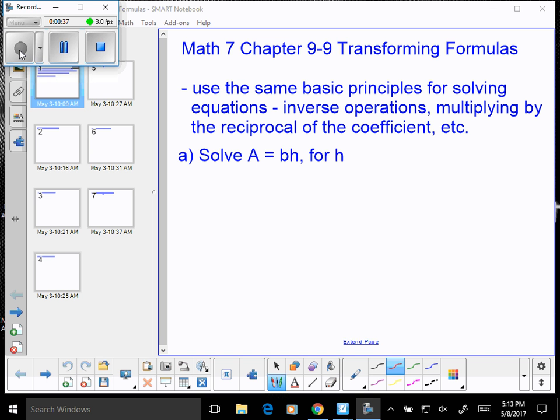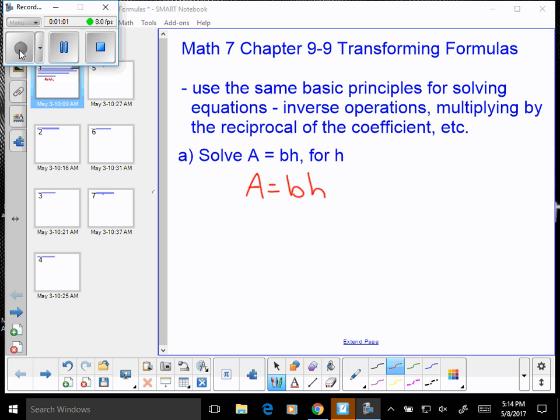Our first equation, or formula, that we're going to transform is an area formula. Area equals base times height, only we want to solve it for h. In other words, I want it to say h equals something. If we look at the formula, I'm just going to write it down again.